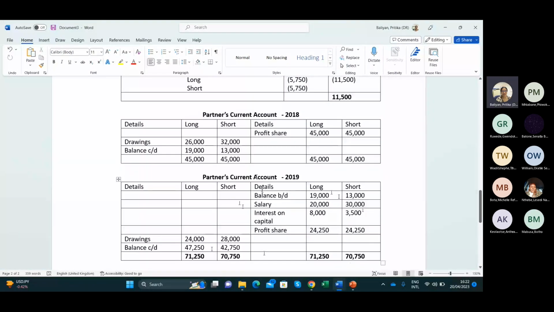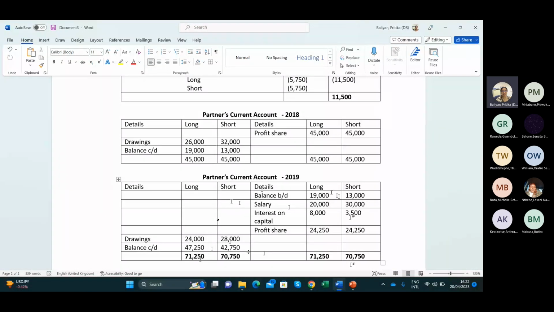In 2019, the balance carried down is 47,250, and for Short 42,750. Okay, so these two are the balances. We close the account. In the same manner, we prepare the partners' current account for 2020.